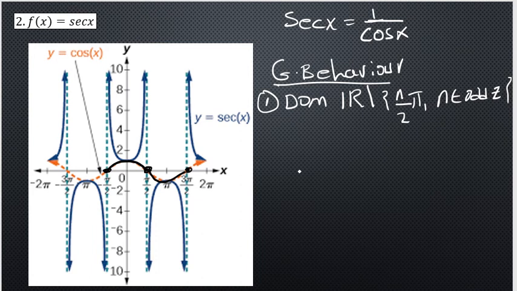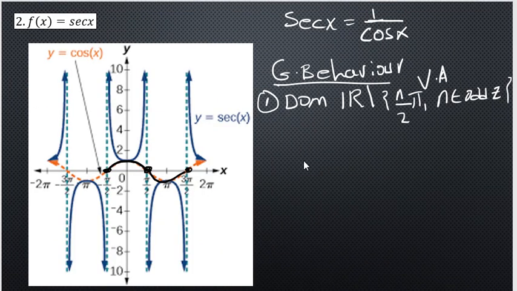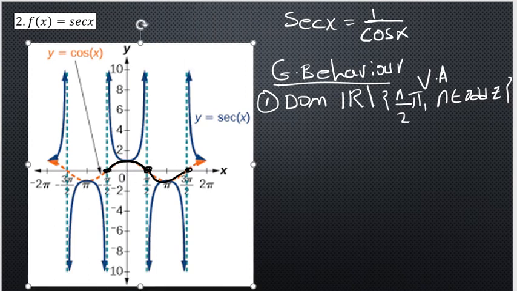Those points are the zeros of cosine, so these are undefined points. Those are excluded, and everywhere these are vertical asymptotes, in the same manner as we said before for cosecant. Range: the same. By the way, for the cosine function, the range is between negative 1 and 1, like that of sine.